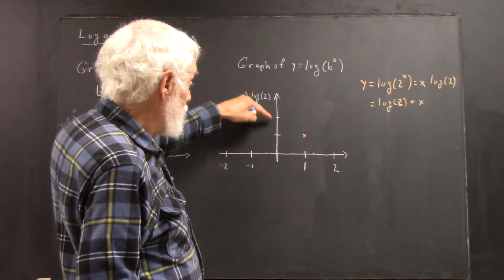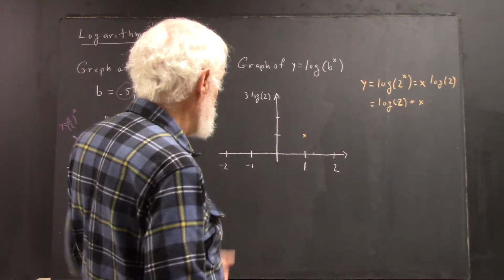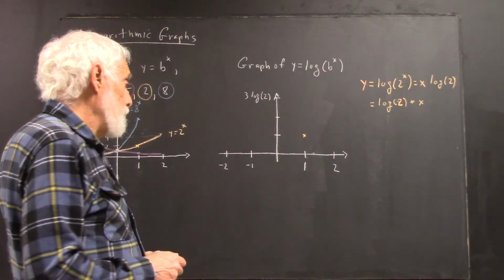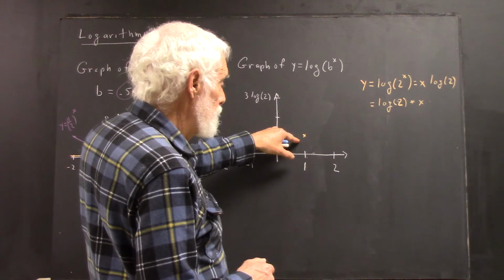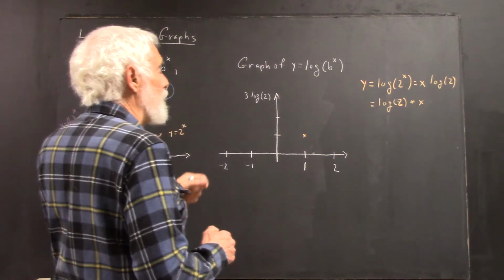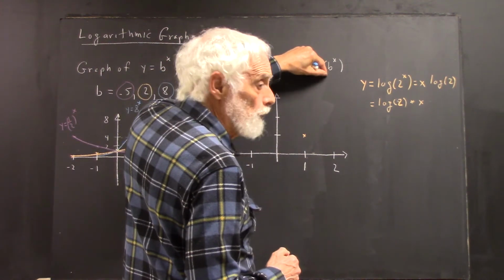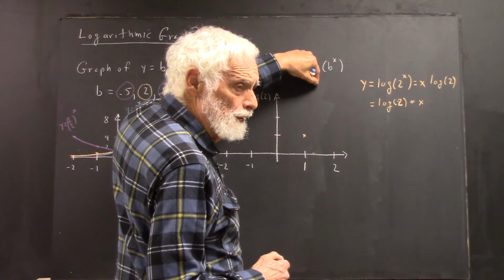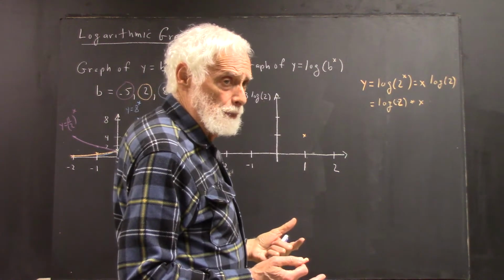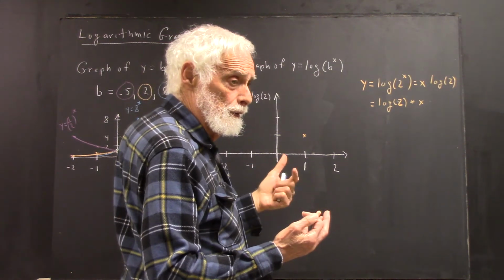I've labeled this, and these are equal spacing here. Okay, so there we have one point on the graph. And of course, if x equals 0, we have the log of 1, and the log of 1 is 0. And that's because any number to the 0 power is 1.